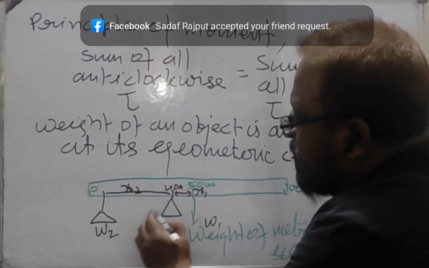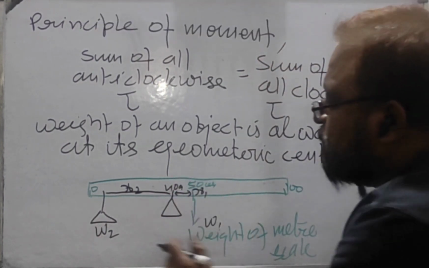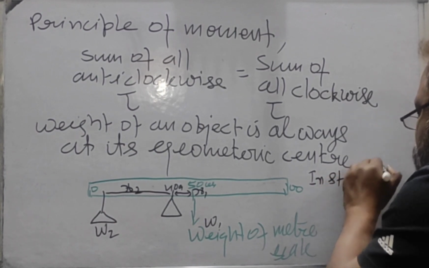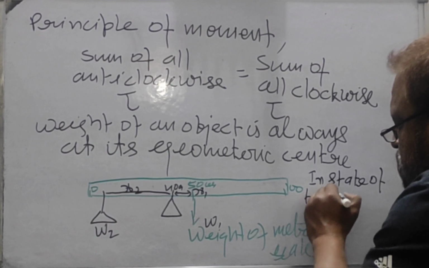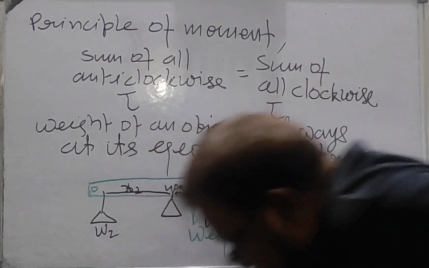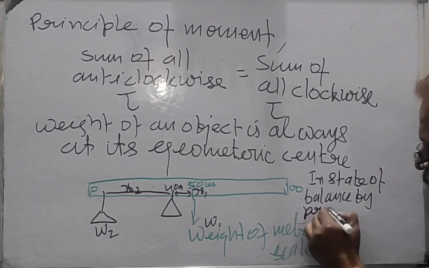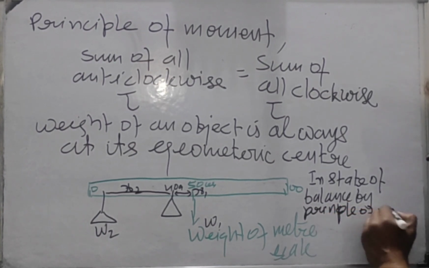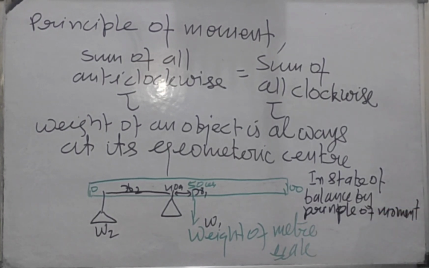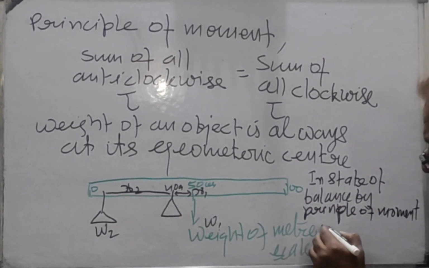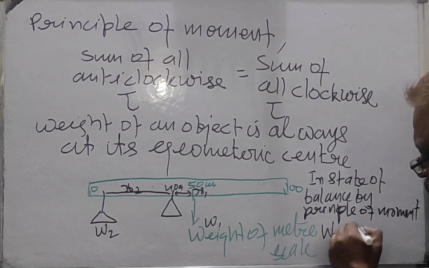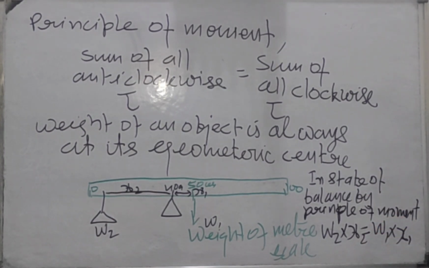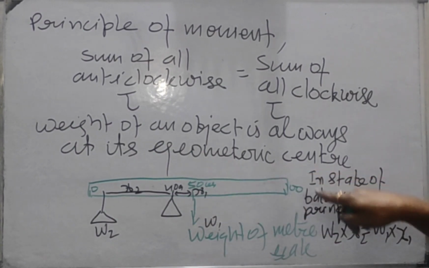Then if it is in a state of balance, by the principle of moments, w2 into x2 is equal to w1 into x1, right? Then only this meter scale will be in a balanced condition.